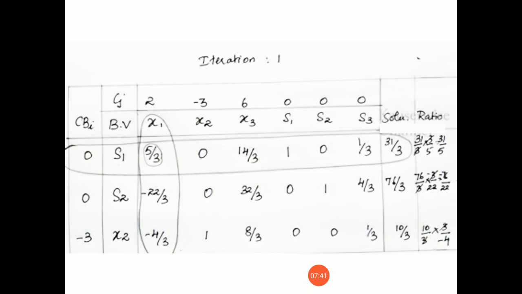As you can see, the old values are 5/3, 0, 14/3, 1, 0, 1/3, and we're going to divide this row by the key element, which is 5/3.